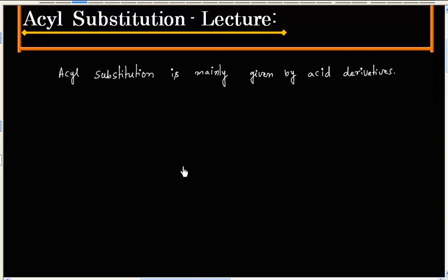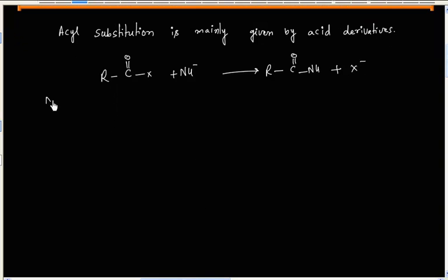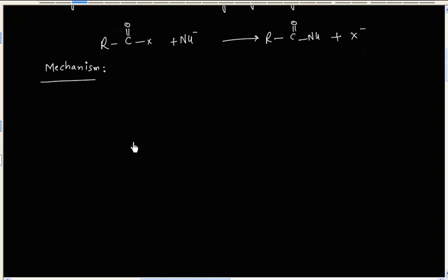A general reaction can be shown something like this. Let us discuss the mechanism for this reaction. The mechanism involves two steps.